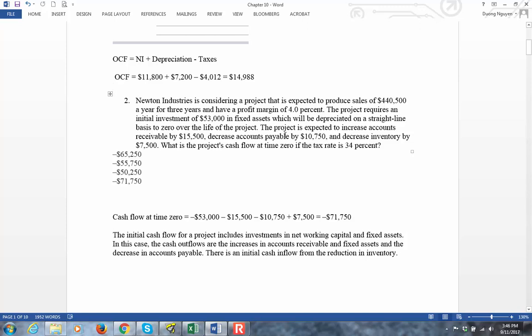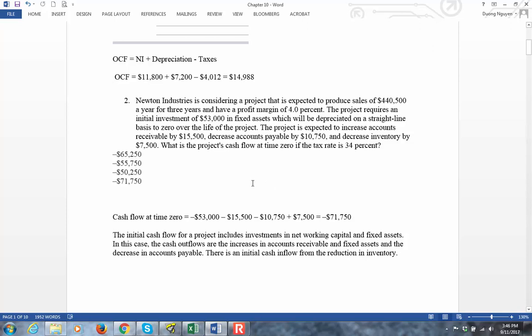The project is expected to increase account receivable by 15,500, decrease account payables by 10,750, decrease inventory by 7,500. What is the cash flow at time 0?